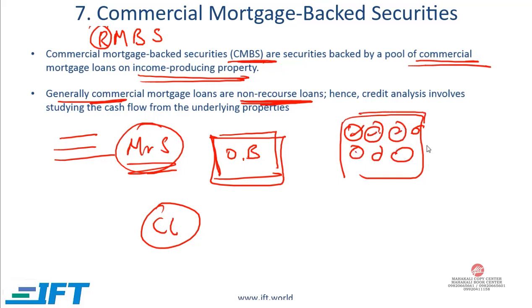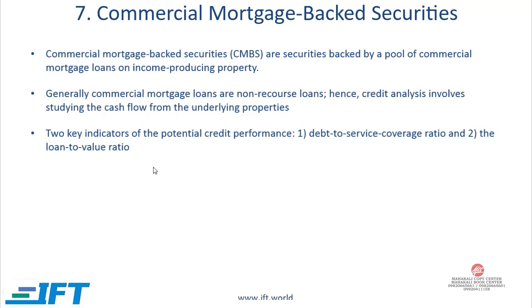And the credit analysis here will require us to do a credit analysis of the cash flows associated with the office building or the other commercial properties. When performing a credit analysis of a commercial income-producing property, there are two key indicators that we need to be concerned about. One is debt service coverage ratio, and the other is the loan to value ratio.